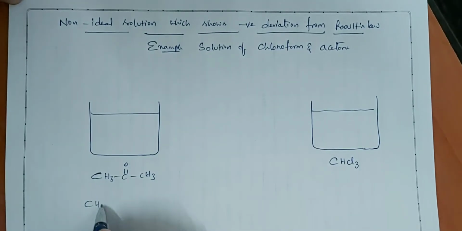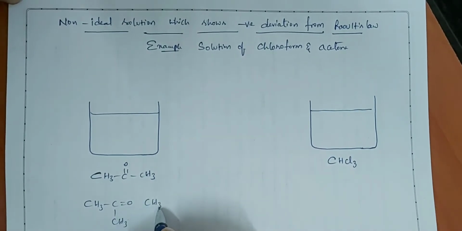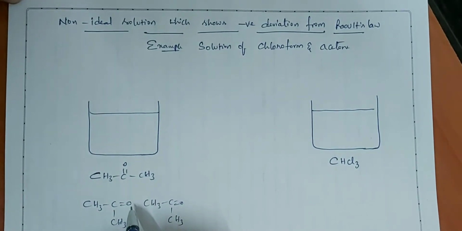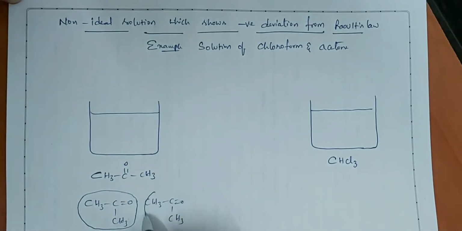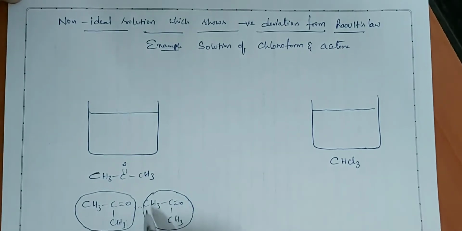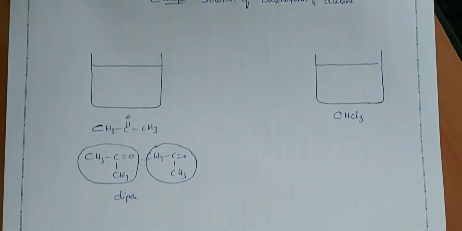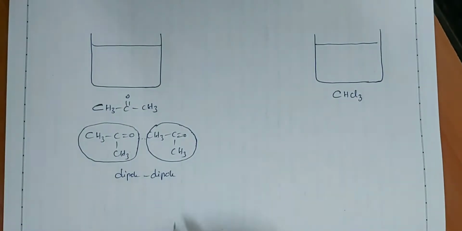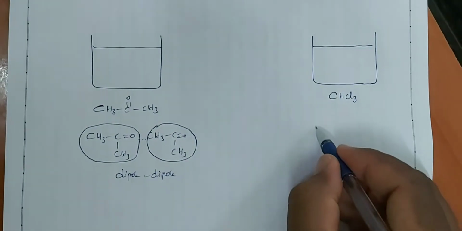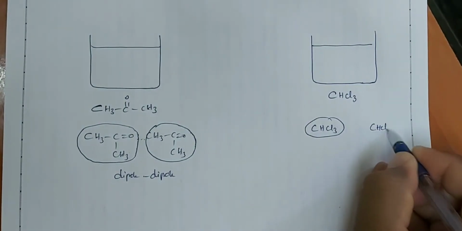In between acetone molecules, we have dipole-dipole attractions. It is not hydrogen bond, it is dipole-dipole attraction. And in between chloroform molecules also, we have dipole-dipole attractions.